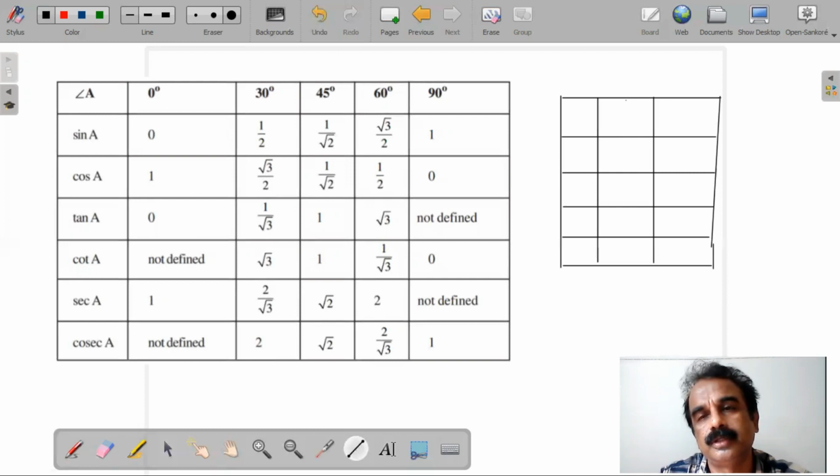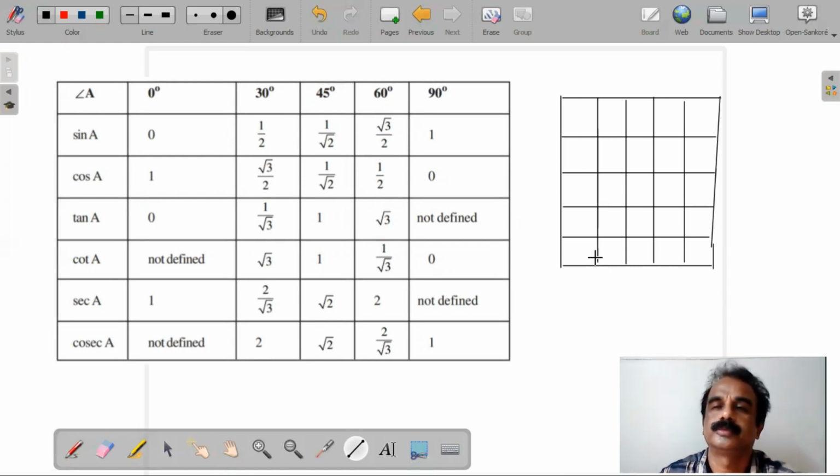Simply, we say 5 by 5 boxes. See, I repeat, a small square divided into 5 rows and columns, horizontally and vertically. Now we will get 25 small squares. You can draw it roughly also. It will not take even 1 minute to draw it.